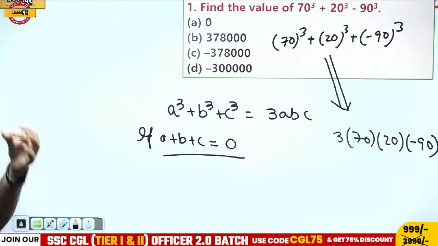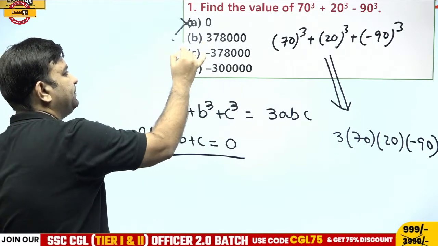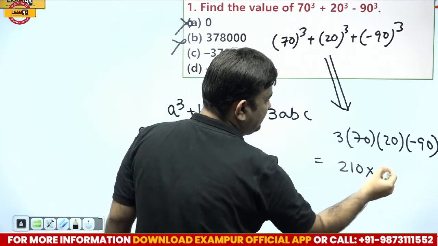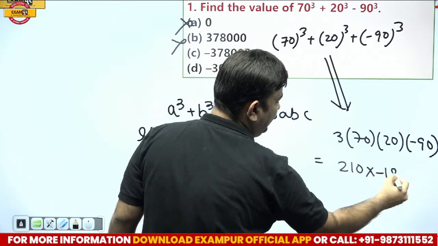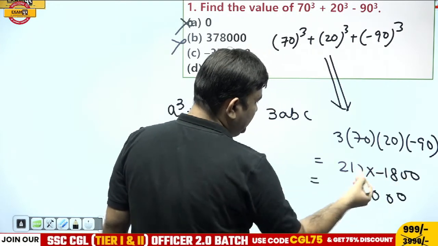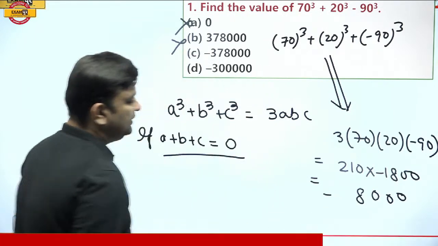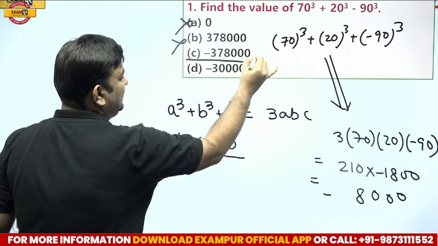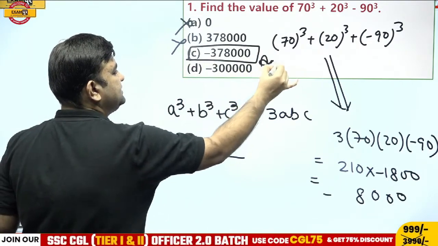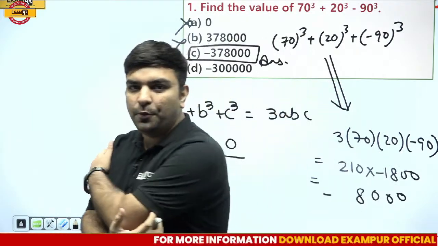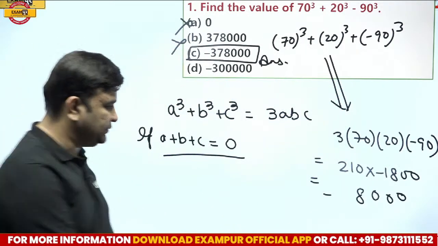3abc. First thing is it is negative. 210 minus 1800: three zeros and a unit digit of 8. Answer: minus 378,000.